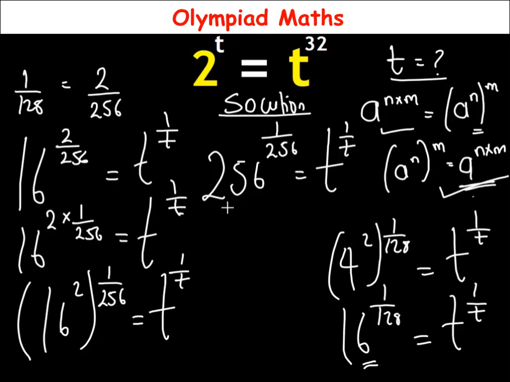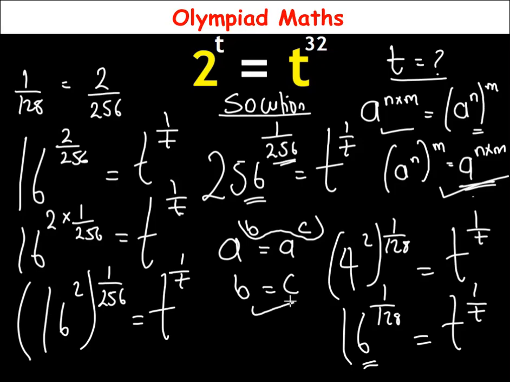Now, as you can see, we've gotten it, that what you have right here is equal to what we have right here. With this, we can bring in one principle, that if you have a raised to power b, which equals a raised to power c, we can then compare the exponents such that b is equal to c.